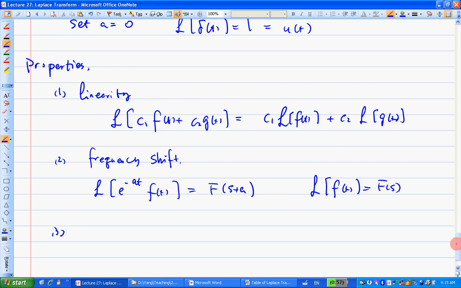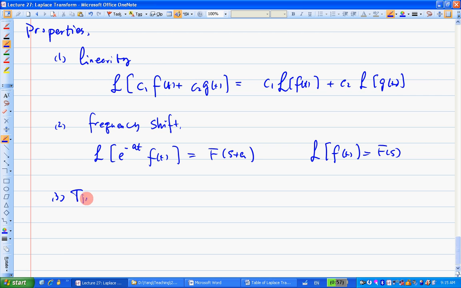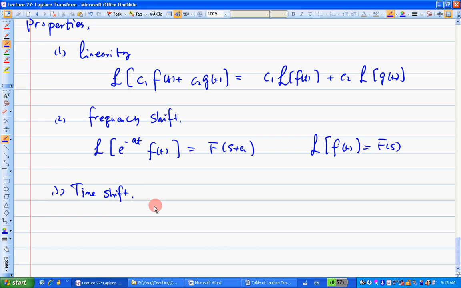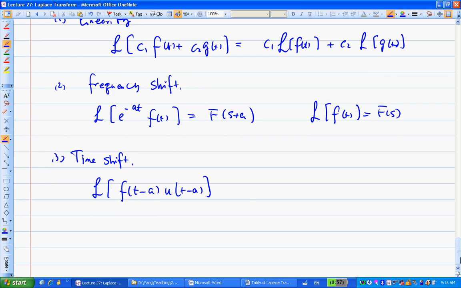The third is the time shift. So the time shift is like this. The Laplace transform of a shifted function. Originally it's f of t times u of t, so f of t multiplied by u of t gives you a causal function.